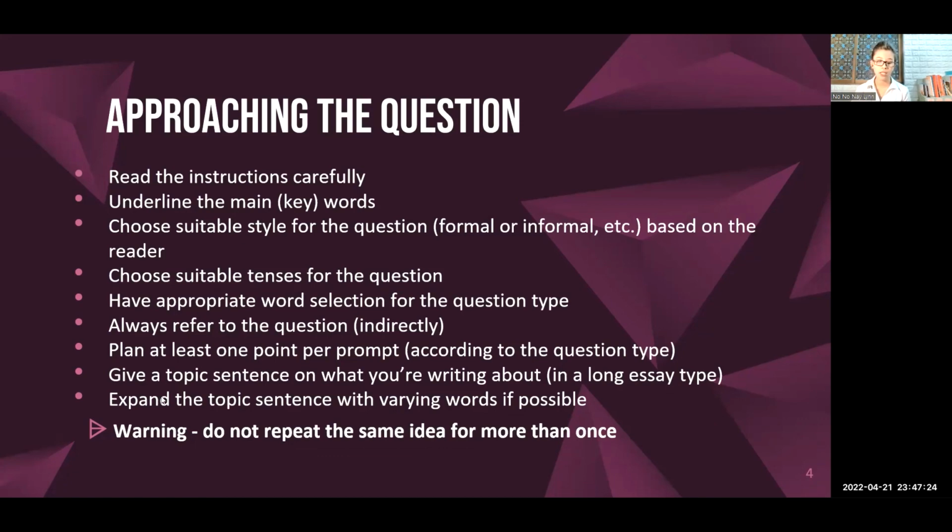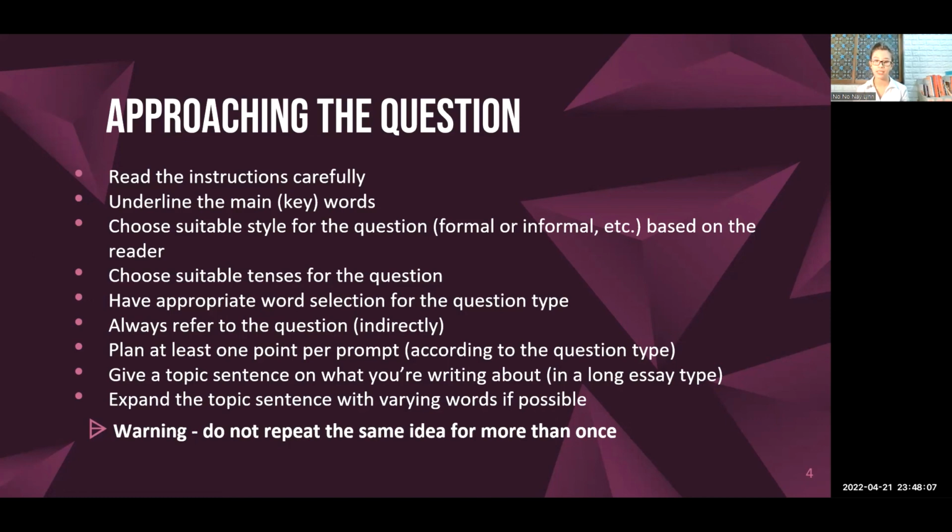So the warning here is not to repeat the same idea more than once. This is very important because this is one of the most misinterpreted facts in the examinations. Most candidates just like to repeat the same idea, just wanting to make it different, but this is unnecessary.